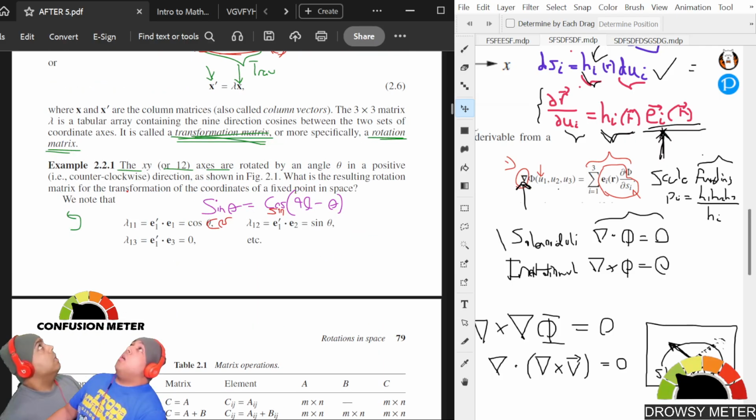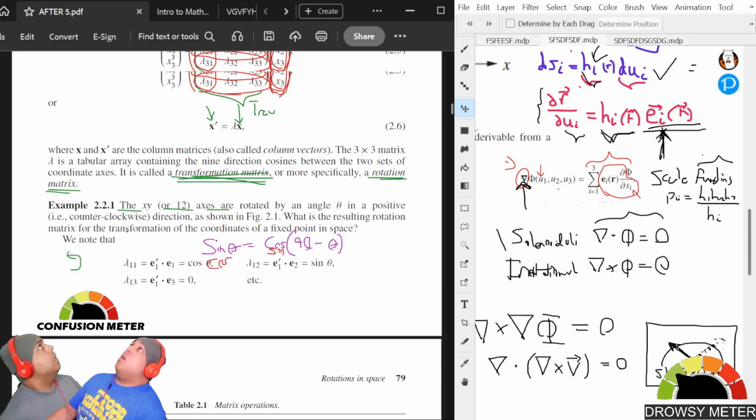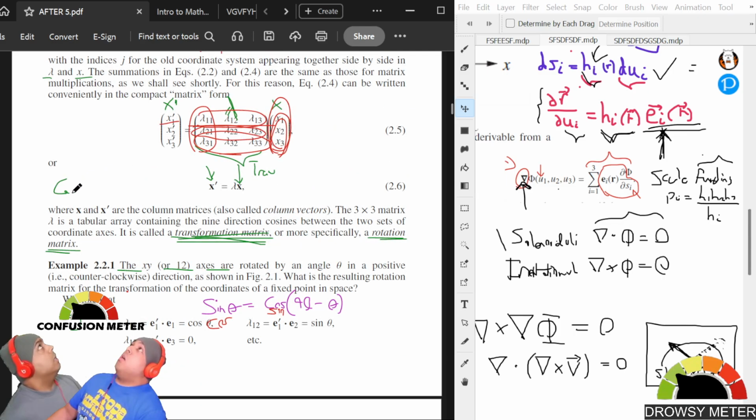Hmm. Cos 90 plus theta. I guess I'll do the maths. Okay, cos 90 plus theta.